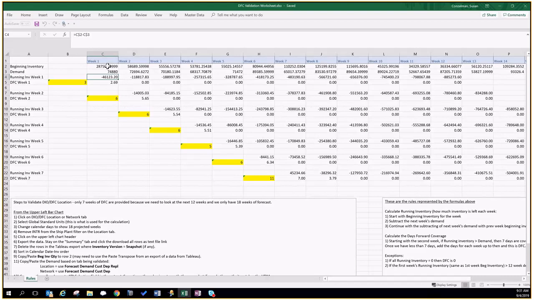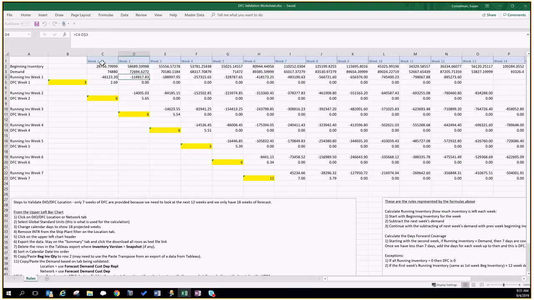If we subtract the demand from the beginning inventory, then we're left with this amount, and then we just divide by 7. We figure out how many days that is.